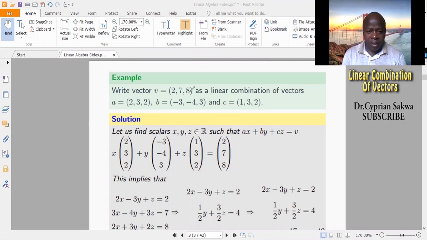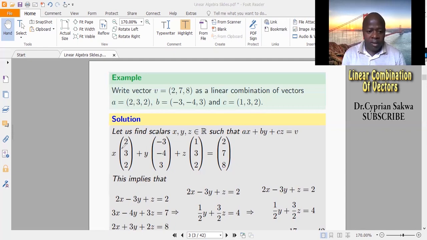The question is, write this vector as a linear combination of these other 3 vectors. So by definition, we're supposed to find scalars x, y, z such that this vector v can be written in terms of these others.